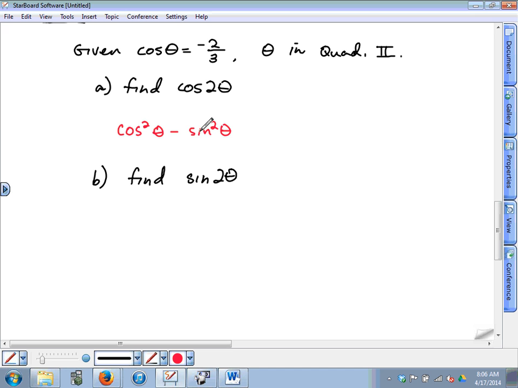Negative 2/3. Do we know the sine? We don't. Do we have to use this version of the cosine of 2 theta? Isn't there a version that only involves cosine? Because all we know right now is cosine. What if we changed this into 2 cosine squared of theta minus 1? What if we just use this version? This version only deals with cosine. Right now, that's all we know.